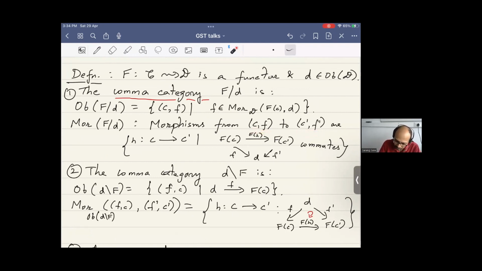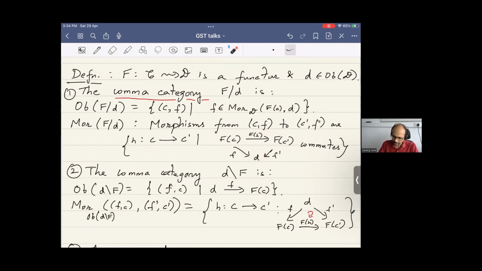Then a morphism is just a good old honest morphism h from C to C' in the category C, but it should have a property: if you apply capital F to it, you get F of C to F of C', F of h, and that should be compatible with these other morphisms f and f', which are both to D.